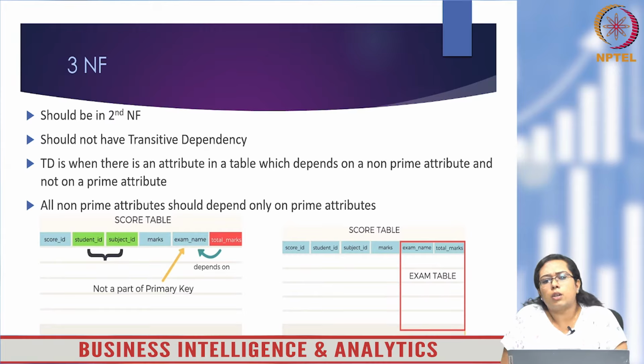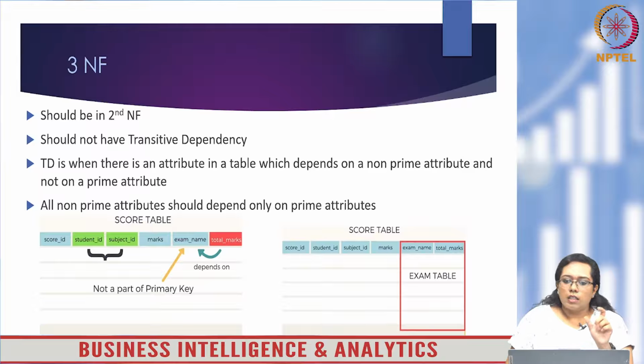Is the marks dependent on student ID or the subject ID? No, right? So, total marks, which is a field in the score table, is a non-prime attribute and it is dependent on another non-prime attribute. It is not even depending on a prime attribute.